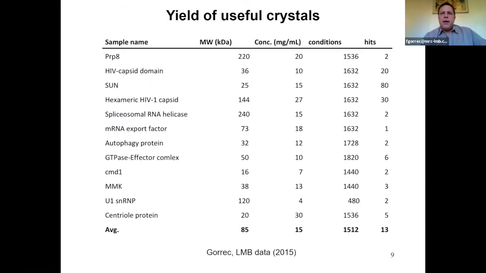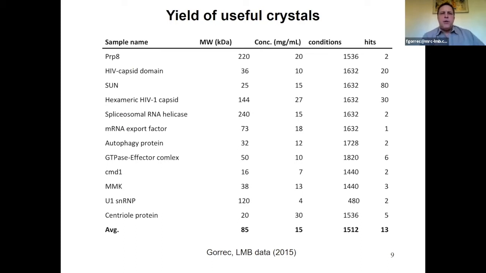So that's data collected from the LMB users. It's a bit outdated now, but it will be roughly the similar type of yield we'll have today. Basically, these are a lot of different types of samples, and I asked what's the yield once they obtain some useful crystals.